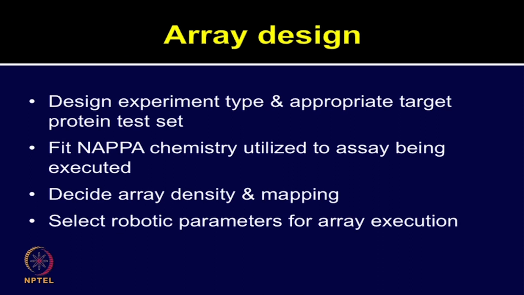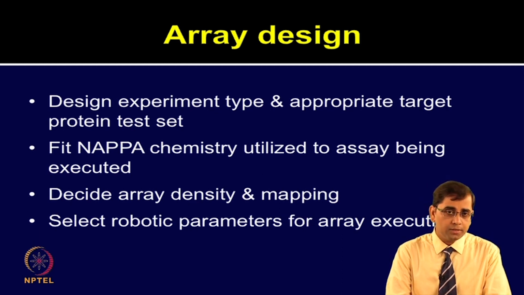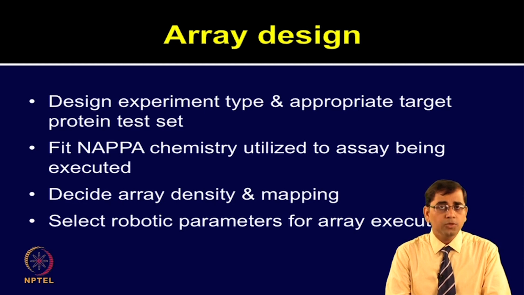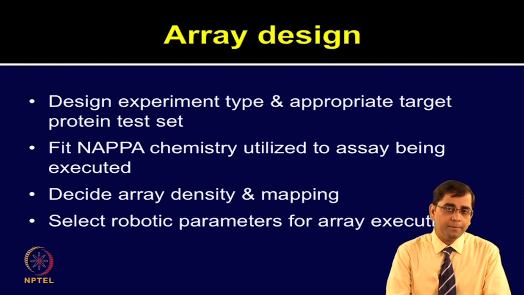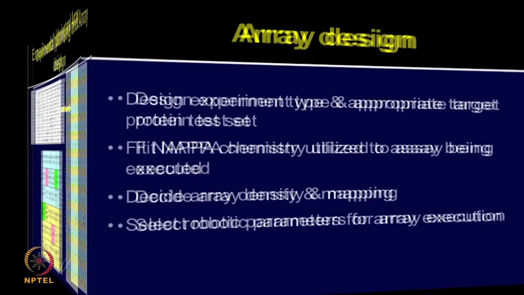Once your test set works, one can expand it to a large number of features. Now, fit the NAPPA chemistry utilized to the assay being executed. Decide what type of array density you are planning to use and how you are going to map that. Then define the robotic parameters for these experiments. All these steps have to be well planned in advance.